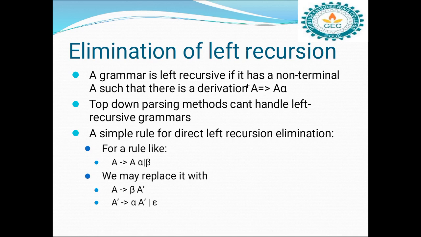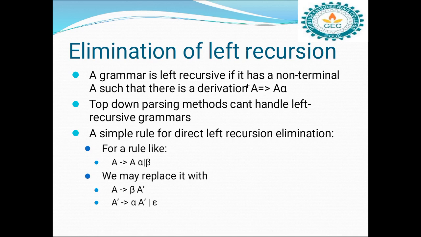To do top-down parsing, first eliminate the left recursion. Left recursion means the left hand side variable equals the right hand side starting variable. If both are equal, that grammar is left recursive.